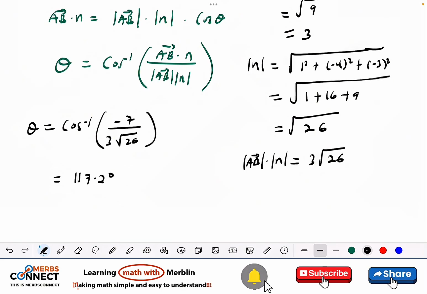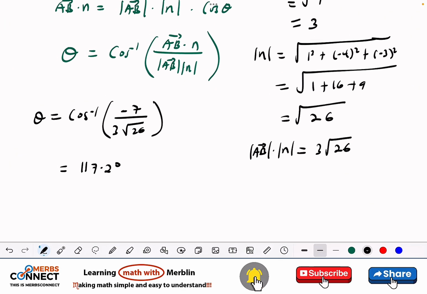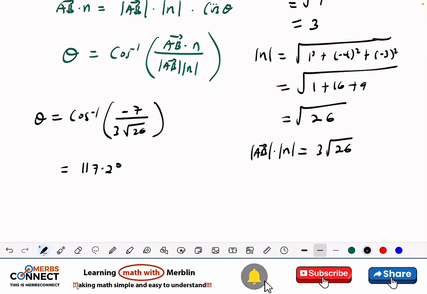Right. So this is what we are going to get from finding this. Now we can see that we are having this one to be 117.2. So what we are going to do is we want to find the angle between these two lines, right?